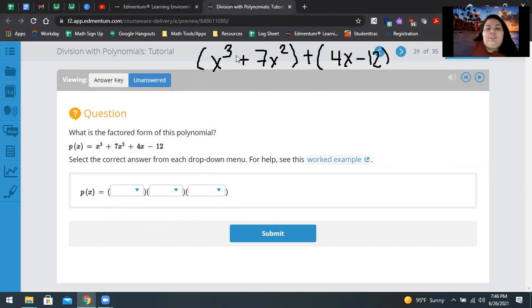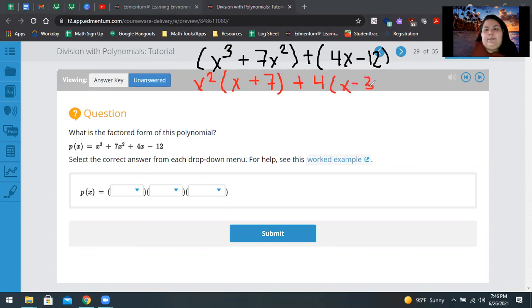So if we take a look at the first 2 terms, what we can factor out is x squared. So then we're left with x plus 7 plus, here we factor out a 4, it's x minus 3. We ran into a little hiccup there.